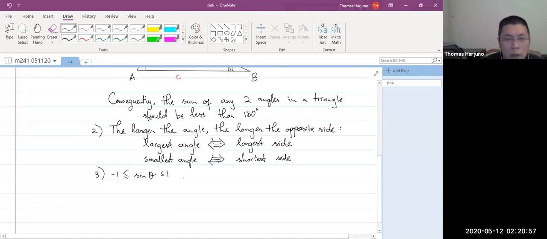But furthermore, if theta is between 0 degrees and 180 degrees, either in quadrant 1 or quadrant 2, then sine theta has to be positive or 0, and it will be only from 0 to 1.